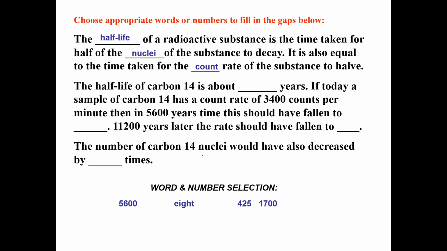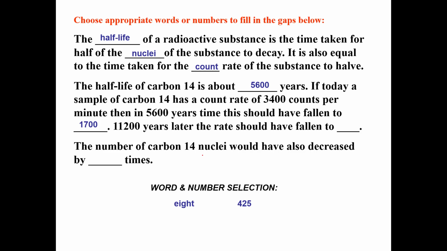Then the half-life of carbon-14 is about 5600 years. Okay, if today a sample of carbon-14 has a count rate of 3400 counts per minute, then in 5600 years' time, this should have fallen to, okay, you divide the count rate by 2 until you reach that time.